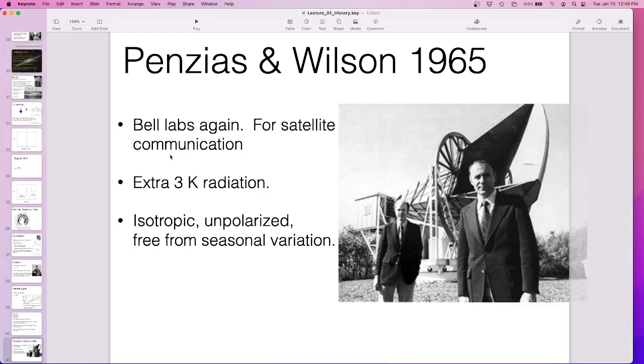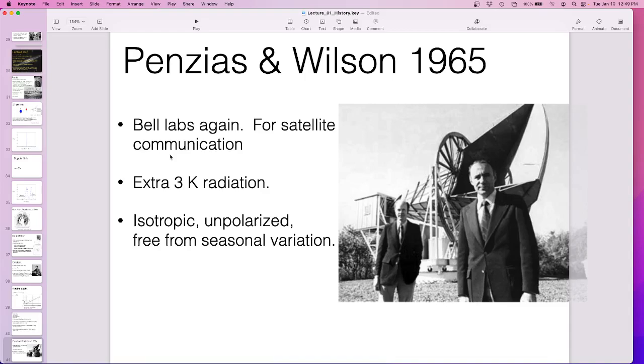This is Penzias and Wilson. They were, again, working for Bell Labs, again trying to figure out what the noise was. Now they were trying to do it with shorter wavelength photons. So these are centimeter wave photons, not quite the big radio photons. These are littler microwave photons, a few millimeters to a few centimeters.